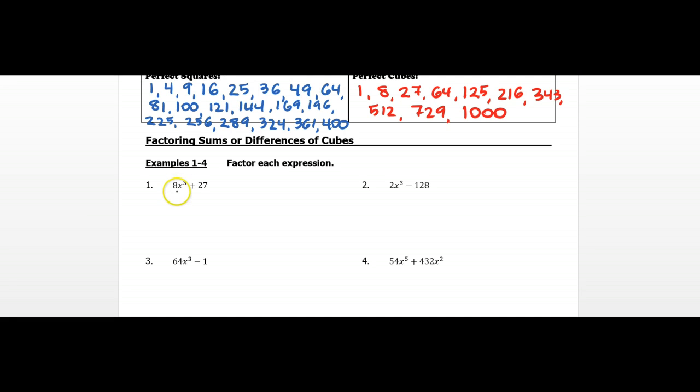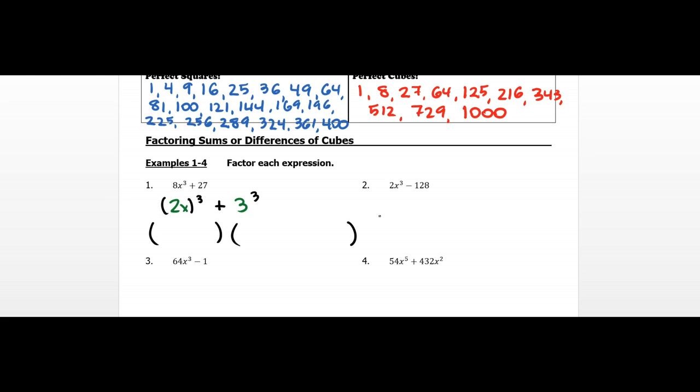To get 8x cubed, you're really taking 2x, that quantity, to the third power. 2x to the third is going to give you 8x cubed. To get 27, you're really taking the number 3 cubed. So in order to factor, this is going to factor again into a binomial times a trinomial.